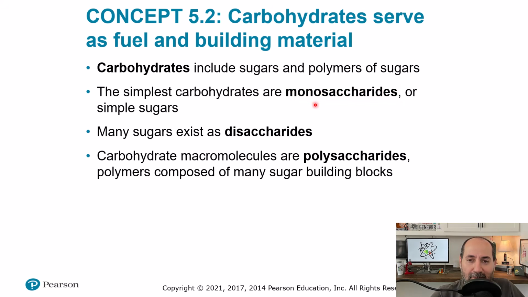So when I say a monomer of sugar, I mean a monosaccharide, which is a single sugar. Many sugars exist as disaccharides. I'm going to give you some examples of disaccharides as well. However, you can also form carbohydrate macromolecules as polysaccharides, which are polymers composed of many monosaccharides linked together.